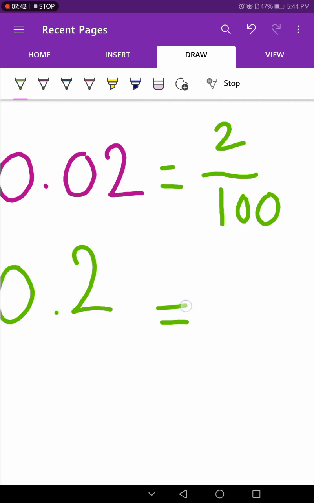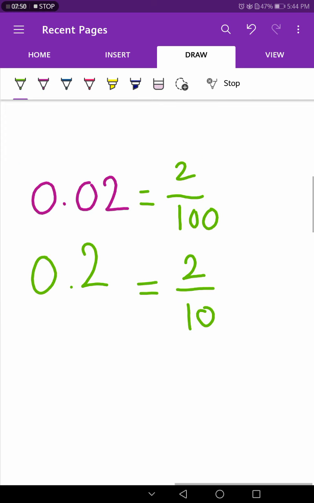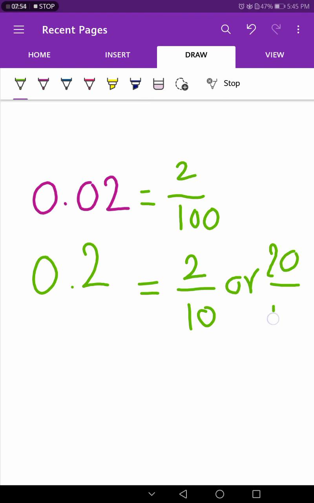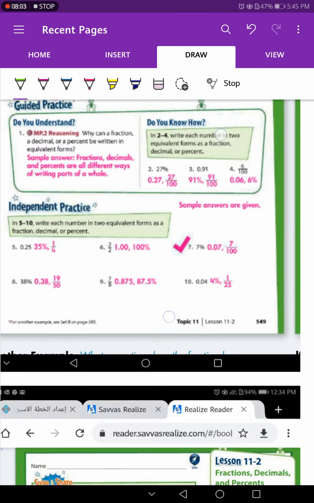And this one we write as 20 over 100 or 2 over 10. 2 over 10 or 20 over 100, because they are equivalent. Okay, good. Now it is an easy lesson.